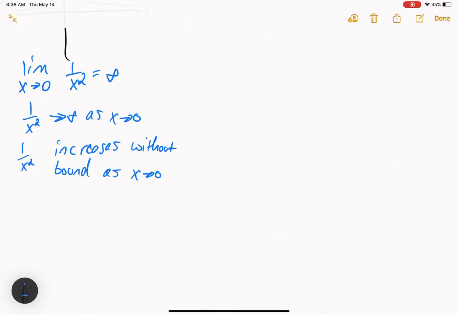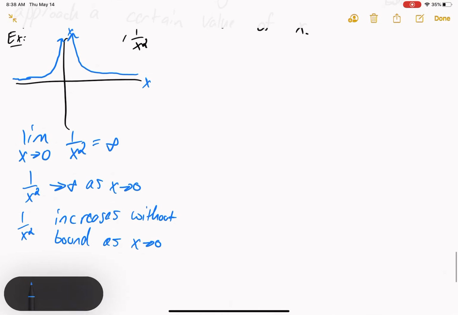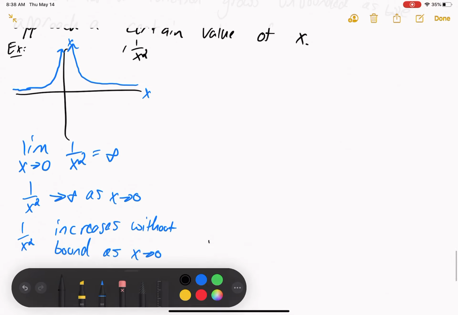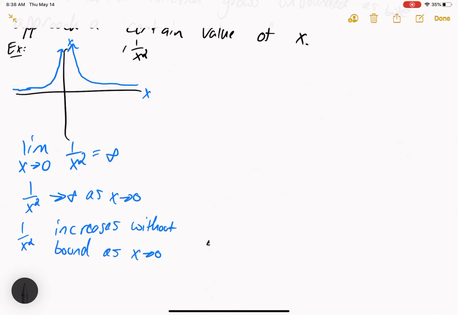Increasing without bound is just a fancy way of saying it goes to infinity. So in this case, the limit of the function is actually equal to an infinite value. It could equal negative infinity as well.